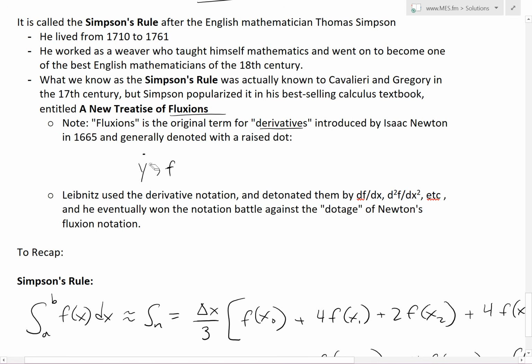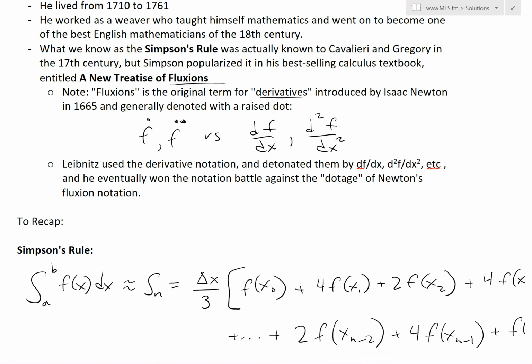Let's write this using the f one. So if we have this, that's the derivative, or the second derivative right here, versus what we know as derivatives, d f of x, and the second derivative, d squared f over dx squared.